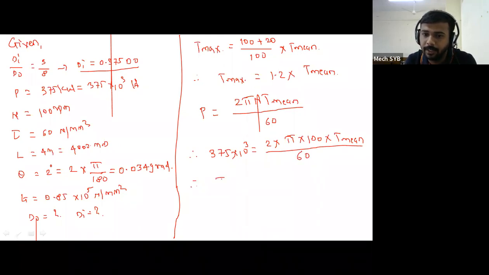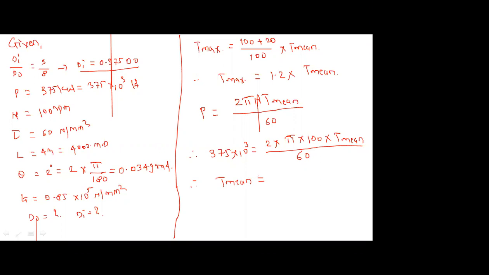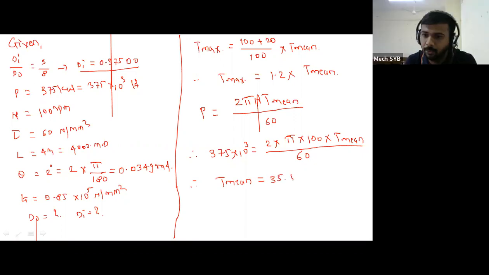So what will be the Tmin value? Do the calculation. 35.80 into 10 raised to 3 Newton meter.